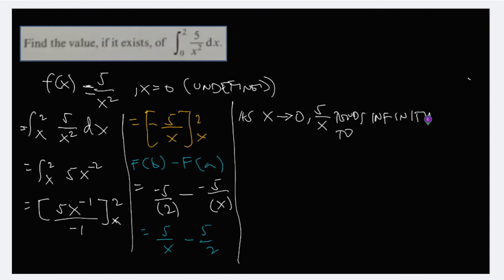So since 5 over x tends to infinity, we can therefore say that the improper integral from 0 to 2 of 5 over x squared dx is really undefined.